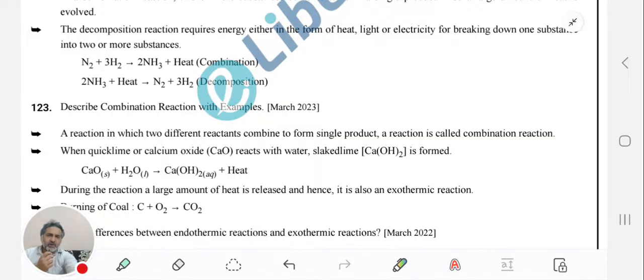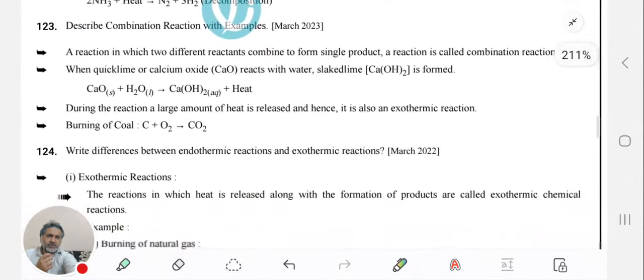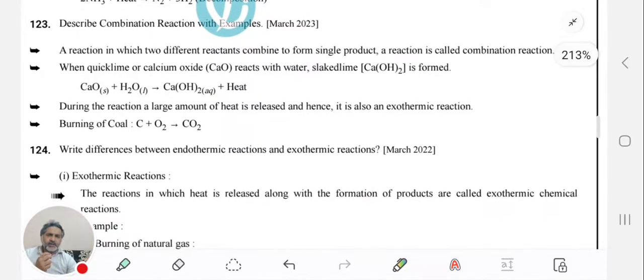Question number 123, March 2023. Describe combination reaction with example. Whatever repeats, we all repeat. A reaction in which two different reactants combine to form a single product is called a combination reaction.